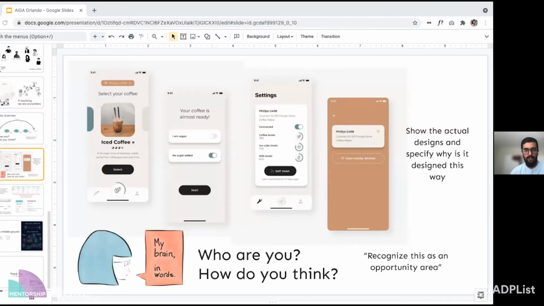That's the common behavior in building portfolios, and what happens is people end up putting lots of designs and lots of high fidelity mockups, but it doesn't help someone who's looking at the portfolio understand why things are in a certain way and what the reason behind the design decision is, because that's the only way someone can judge what type of designer you are and even have a connection when they're looking at the designs.